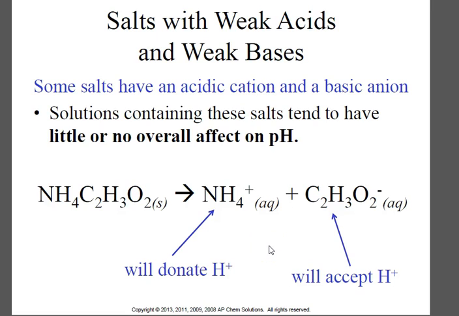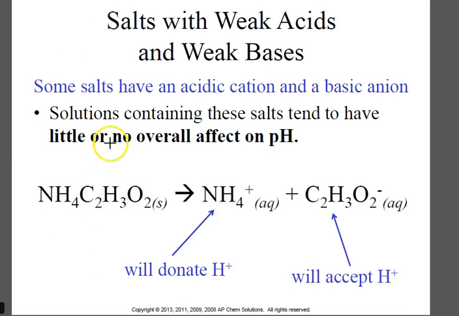Alright, sometimes we'll have salts and they have weak acids and weak bases inside them. And other salts will actually have strong acid conjugates and strong base conjugates inside them. Either way, these have no effect on the pH.